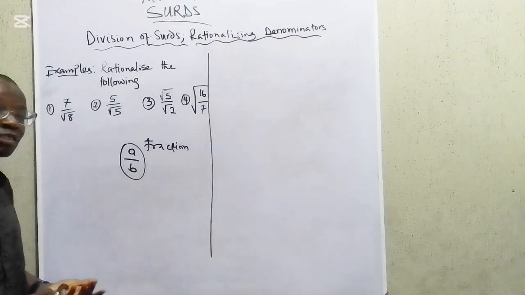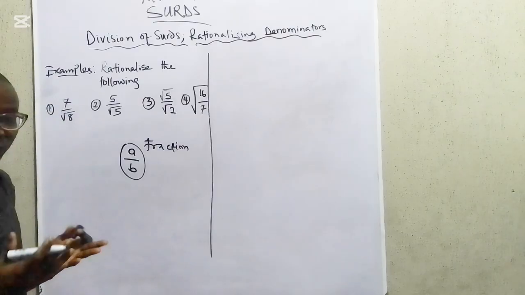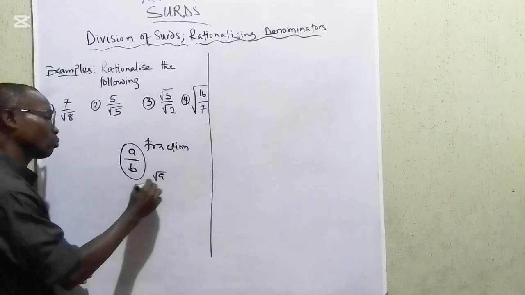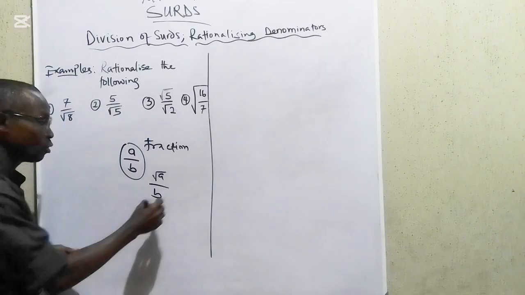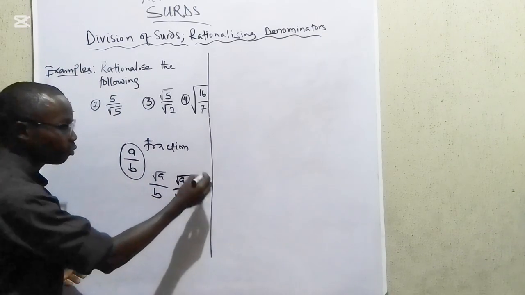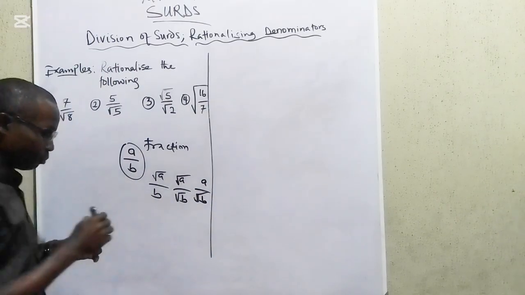Now in some cases you will have a fraction in which a surd is included. It could be like a square root of a, or maybe the square root of b.